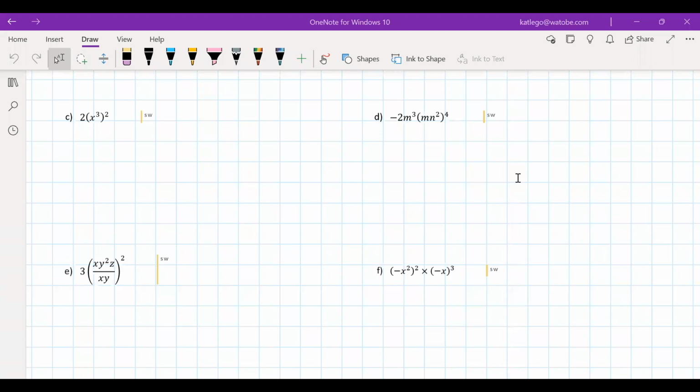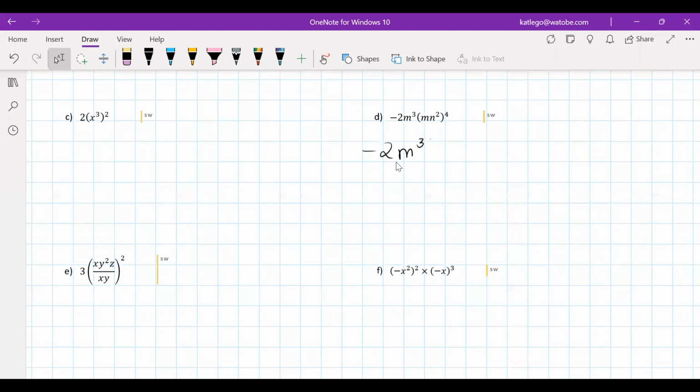I'm doing D, ma'am. Okay, let's do D. I think it's going to be negative 2m cubed times 4.